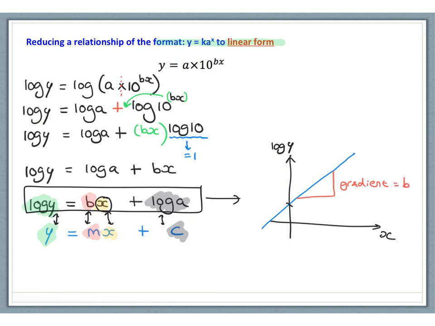We can also find the y-intercept, and the y-intercept will equal log of a, which means, of course, a will equal 10 to the power of the y-intercept. This will then give us the values of a and b that we need to substitute back into this result up here and work out the equation that we are going to model our data with.